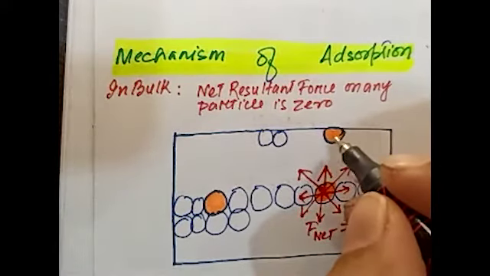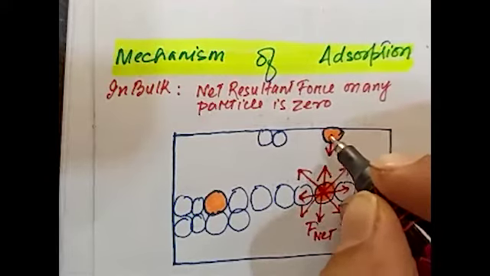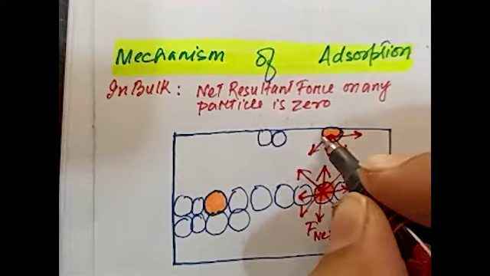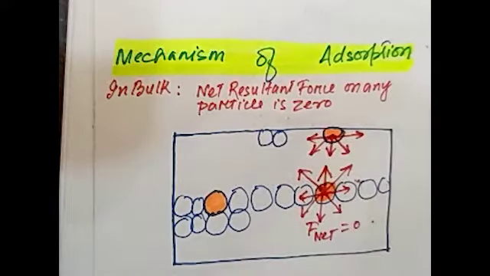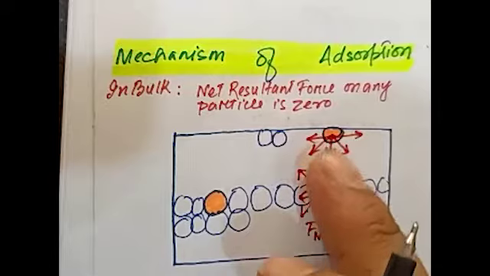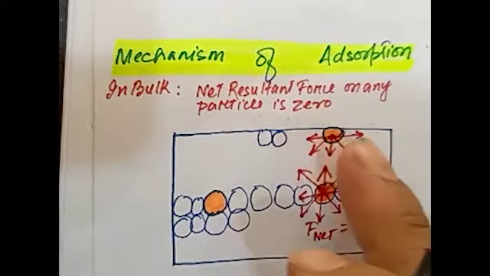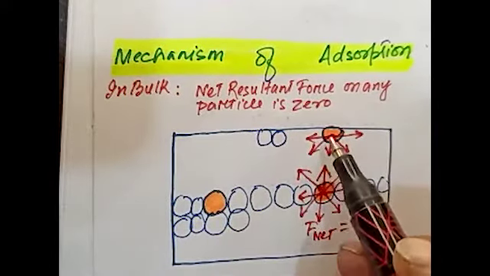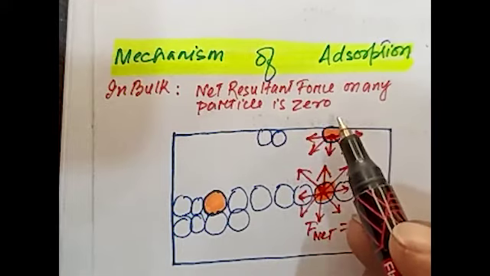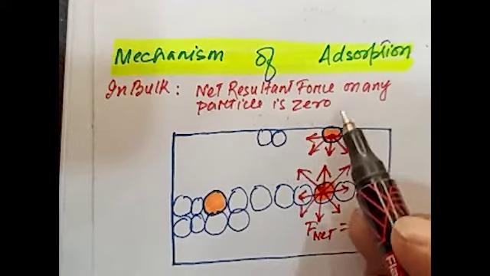Suppose this is a particle on the surface. It is being attracted inside from all directions, but it is not balanced. You can see there is no upward force to balance the downward forces, because after this there is air, nothing is there.